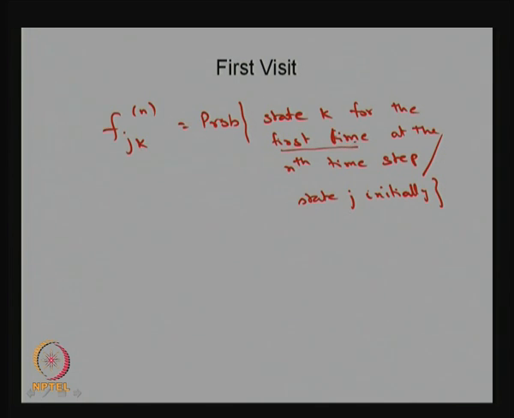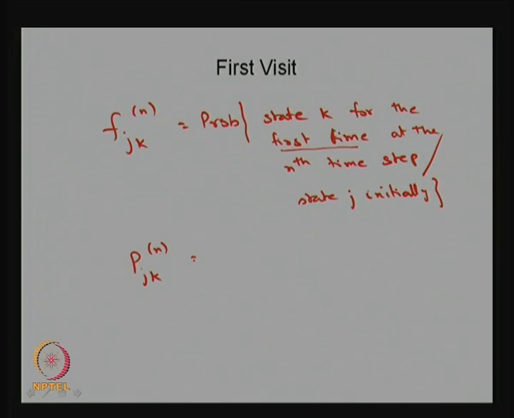So, this is the first time the system reaches the state k, exactly at the nth step, and this conditional probability mass function I am going to write as f suffix j k of n. This is different from the p j k of n.